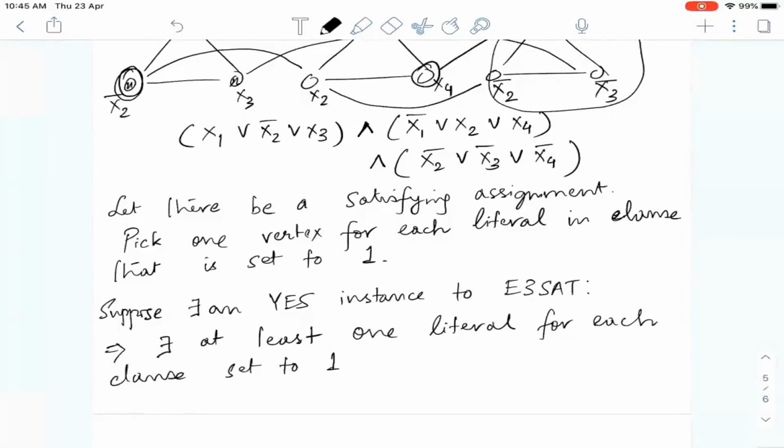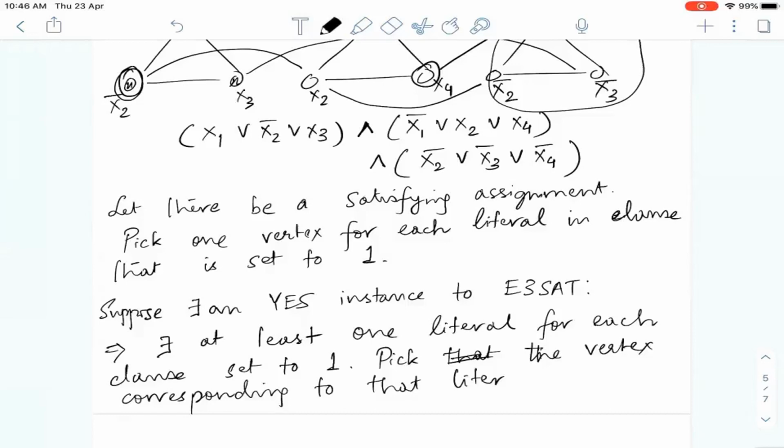Okay, so pick the vertex corresponding to that literal.